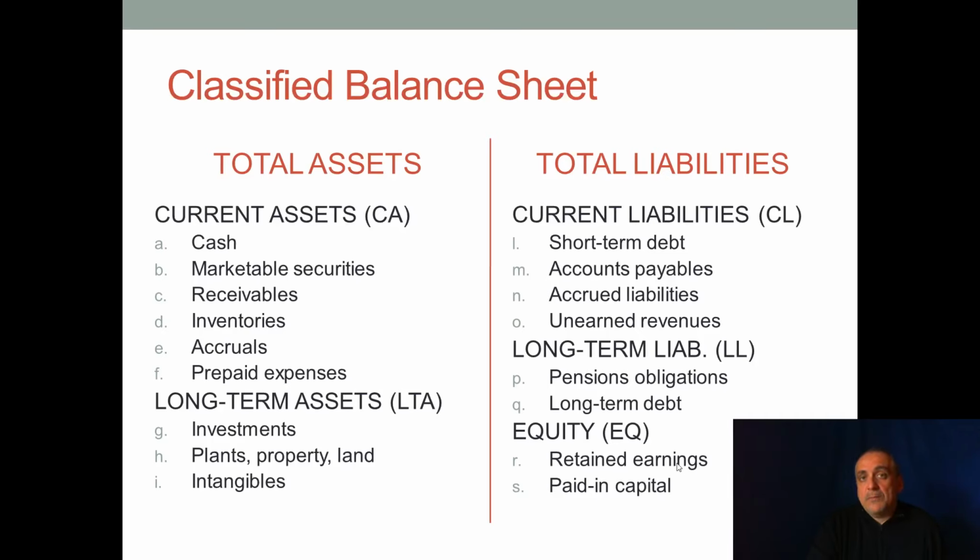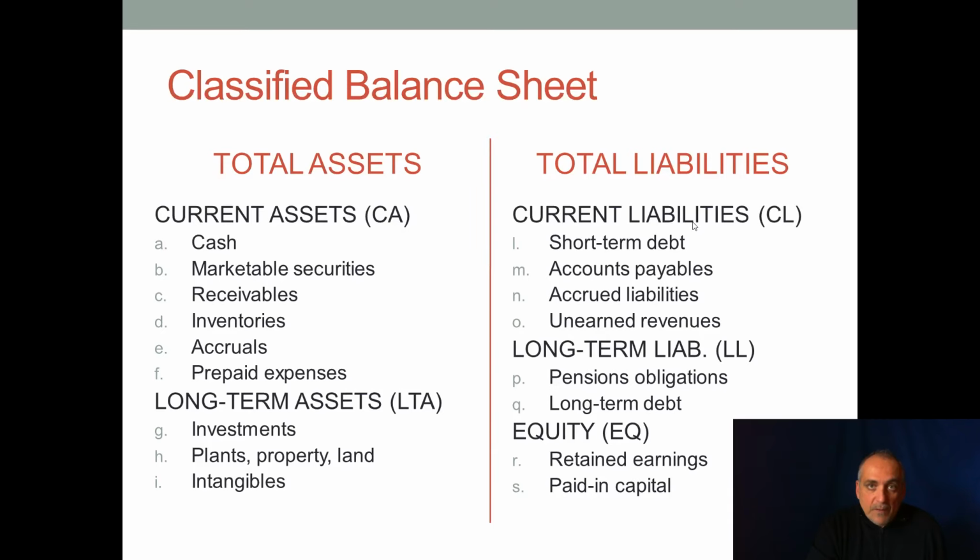Retained earnings are basically the autofinanziamento proprio, so the way in which a company finances itself by keeping profits without distributing them to shareholders in terms of dividends, okay?